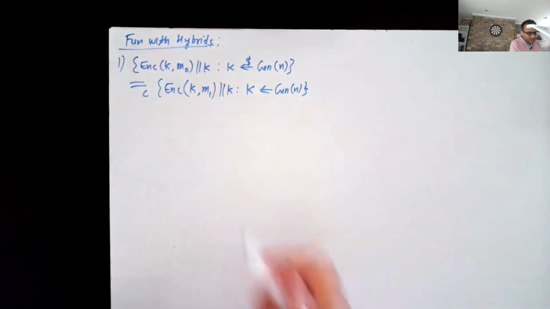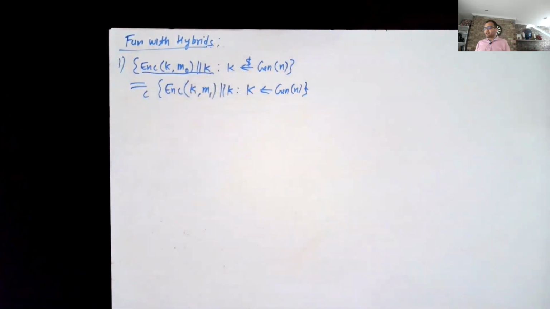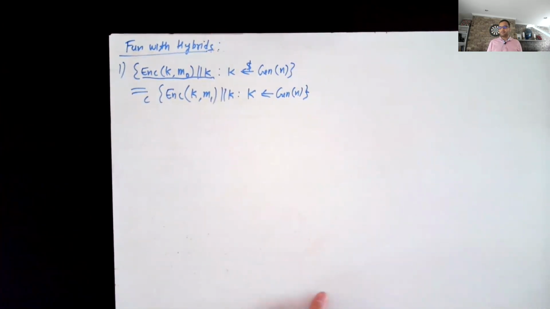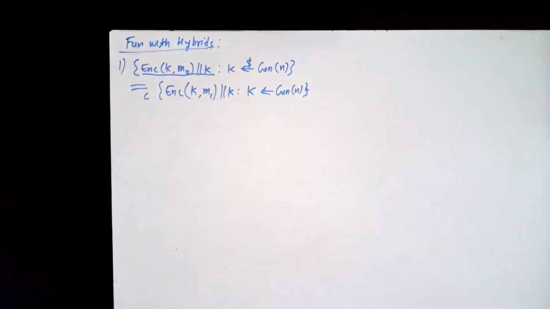So note that this distribution consists of the ciphertext and the key concatenated with each other. Okay, so looks good to one student. Well, you could decrypt it and then you could get back the message.